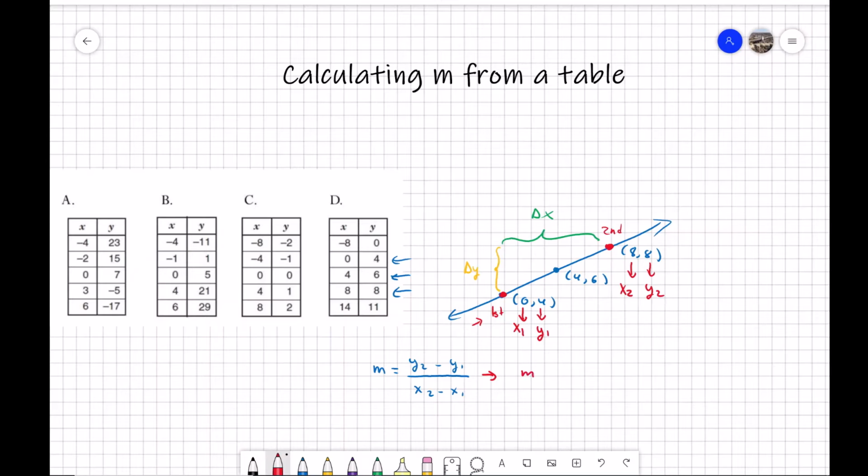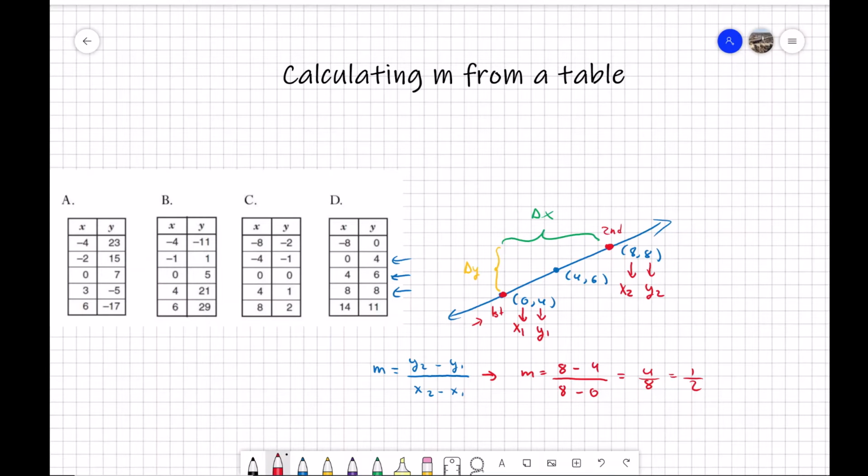So we end up with m equal to our y2, which is 8, minus our y1, which is 4, divided by our x2, which is 8, minus our x1, which is 0. And we end up with 4 over 8, which is the same as 1 over 2. And that's how we find the slope of a function analytically.